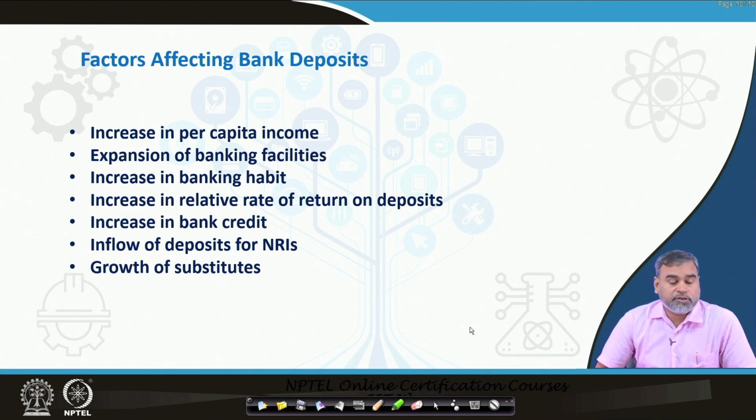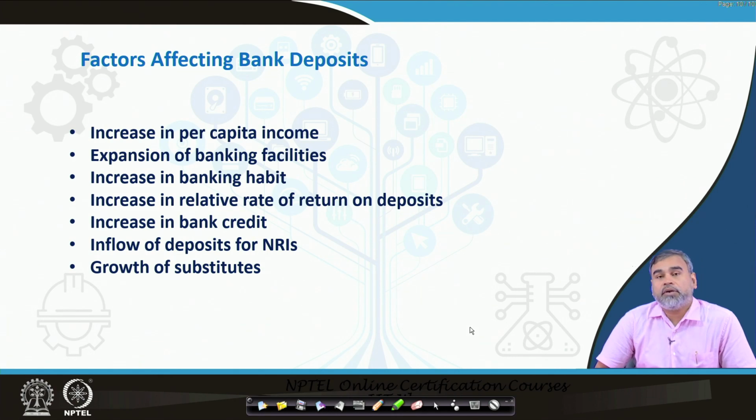And the growth of substitutes. There are many other substitutes available in the market, and within the bank deposits also there are many types of alternatives available. Depending upon the substitutes, the customers or clients can decide which alternative is better for their investment.